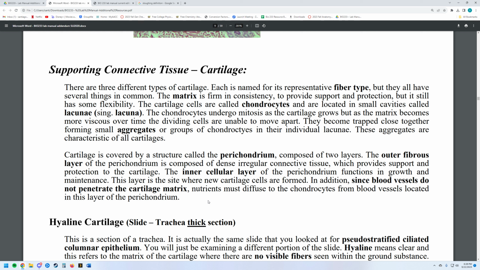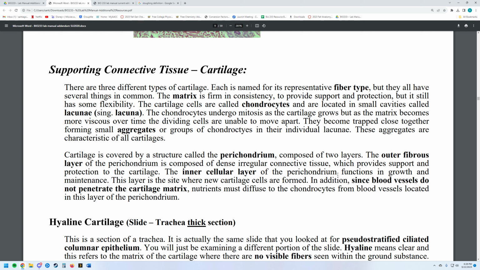So it doesn't tell us what the layer is composed of. Outer fibrous layer, but the inner cellular layer, it's composed of cells, maybe? Yeah, it's gotta be. Okay, so the outer fibrous layer is dense, irregular connective tissue, while the inner cellular layer is probably simple squamous or something that connects to that connective tissue.